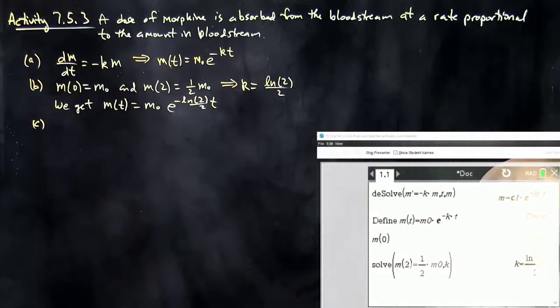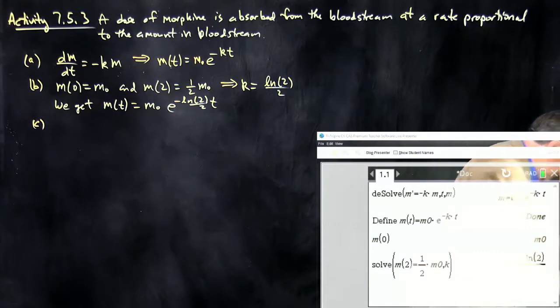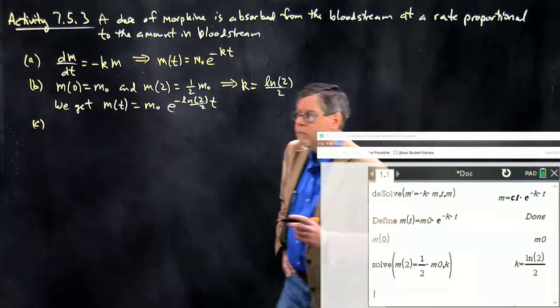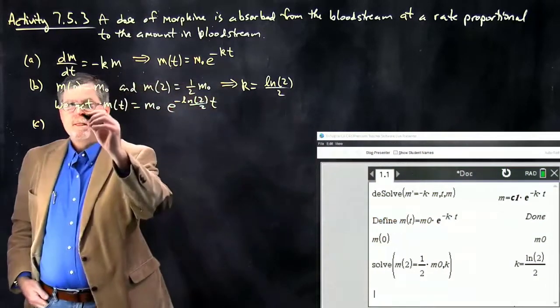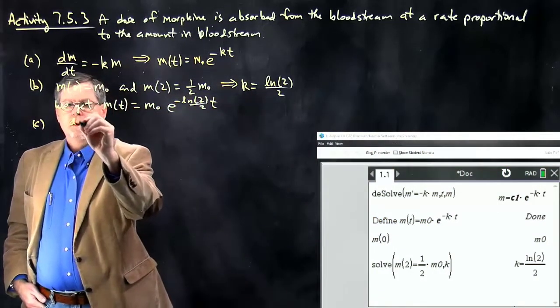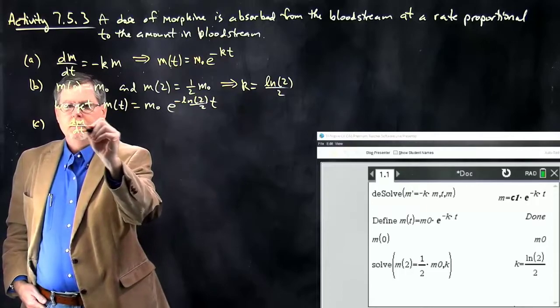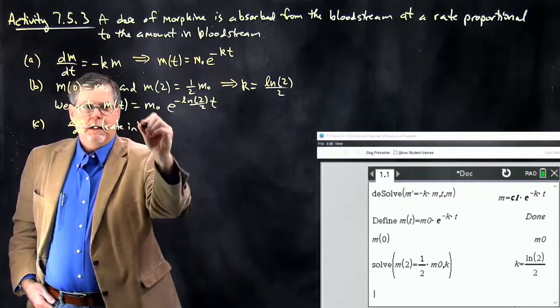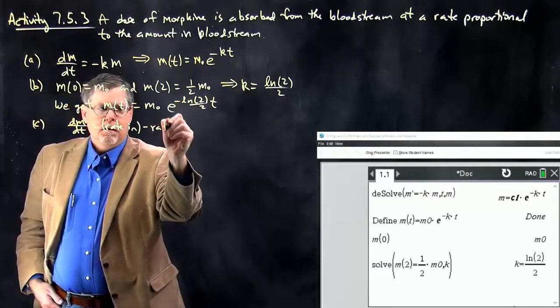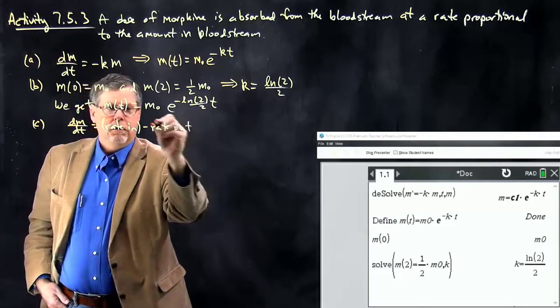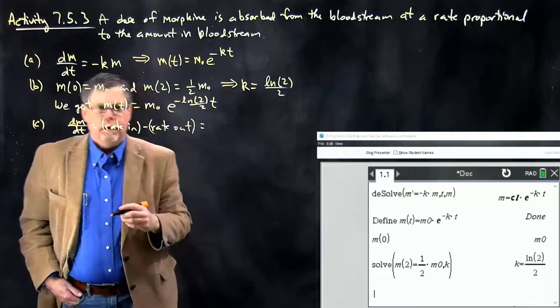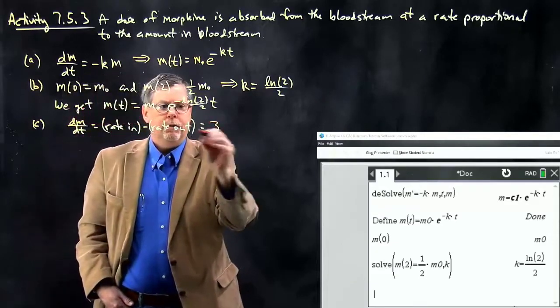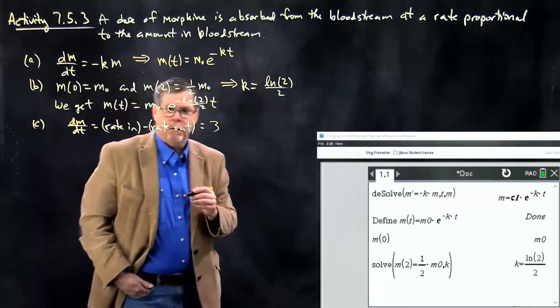So we're going to adjust our differential equation: our rate in minus our rate out. Well, the rate in, we're getting 3 milligrams per hour.